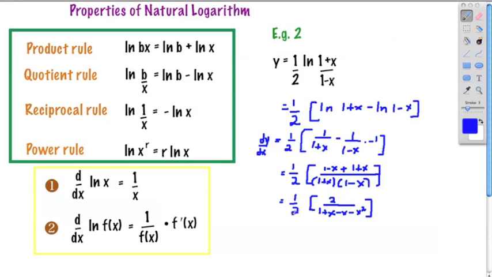There is more simplification that we can make. We cancel these 2 out. We simply get 1 over 1 minus x squared. And that is the final answer.